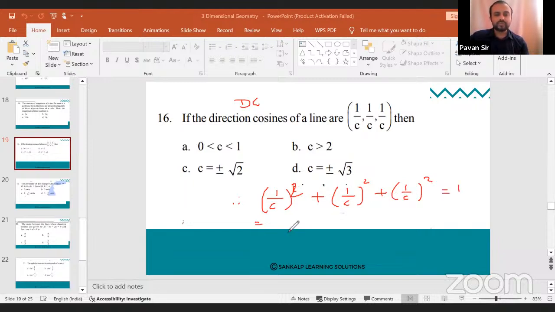Solve it fast. So what about c square then? c square is equal to what? It is nothing but 3. Therefore, c is equal to plus or minus root 3. So option D is the correct answer.